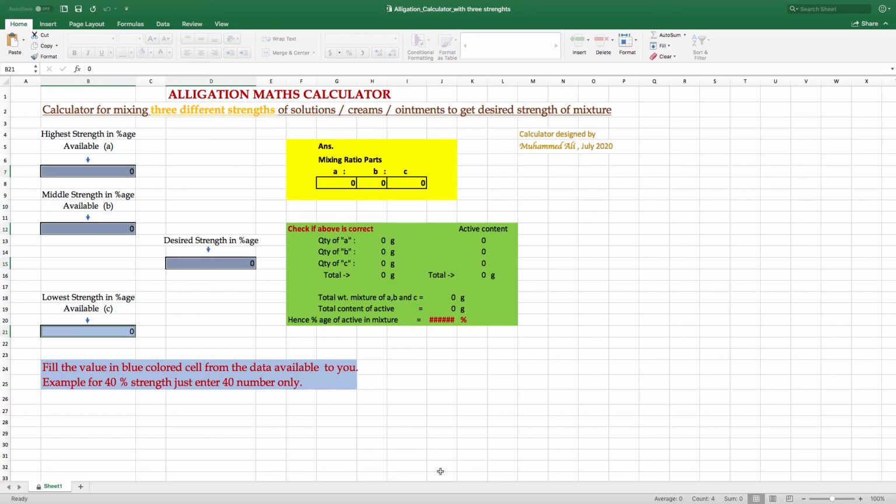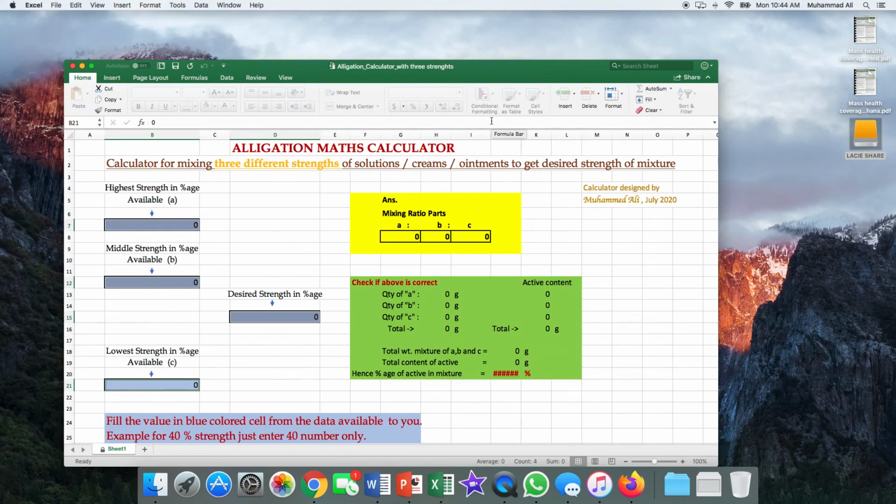For this complicated type of calculation, I have developed a calculator for the calculation of the ratio for 3 different available strengths to find the desired strength. It is based on Excel. Here is the calculator. You have to feed your data here.